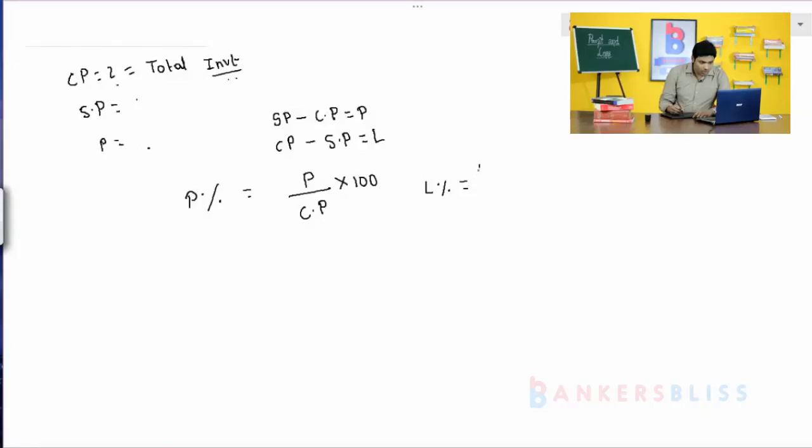This is very important, because whatever money I have invested, based on that I am going to get a loss. 100 rupees is the invested money. For that 100 I got a return of only 80. In the middle I lost 20. So, with respect to that 100 I have to calculate the loss percentage. So the loss percentage is loss by cost price into 100.